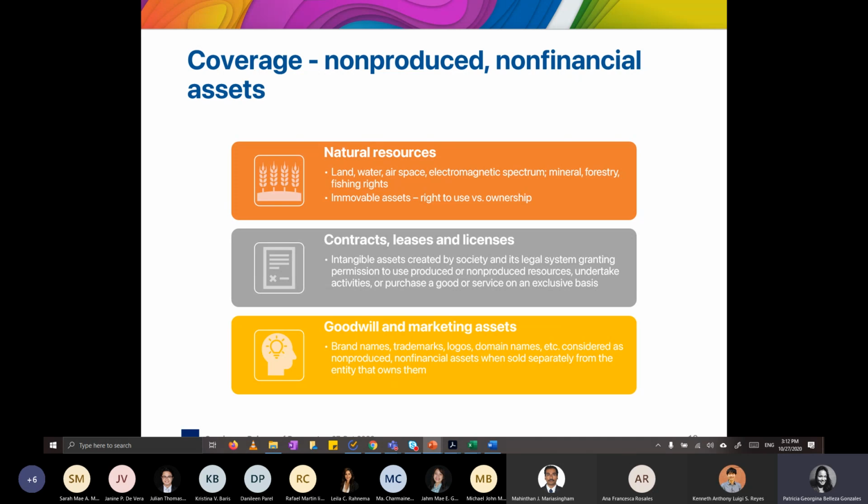So this is to differentiate between, for example, making a brand name or a logo or paying for a domain name, because those things are technically services.